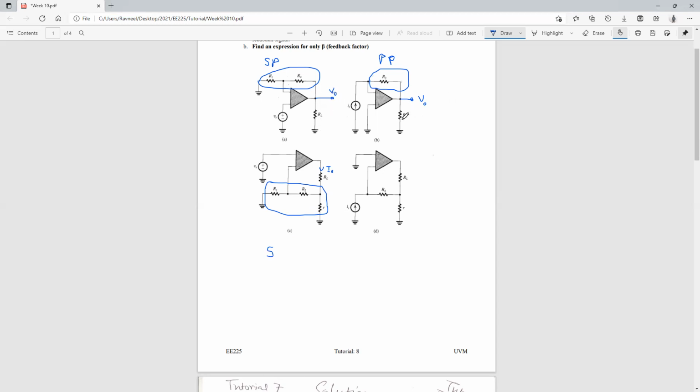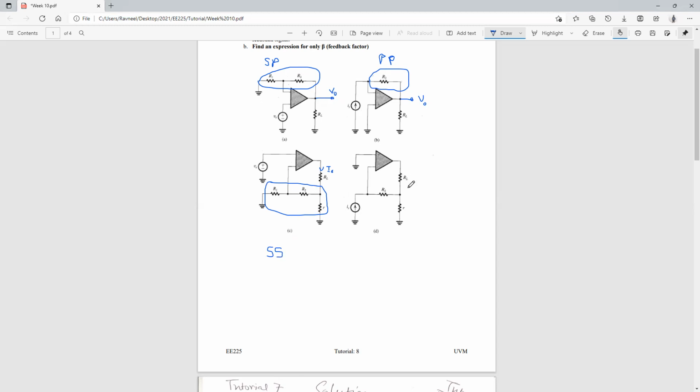In this case, again, your RL was in parallel to your beta circuit, so you're measuring V out. In this particular case, your RL is in series with the beta network, so you will be measuring I0. Your input is in series with your beta circuit, and your output is also in series with your beta circuit. So this is a series configuration.